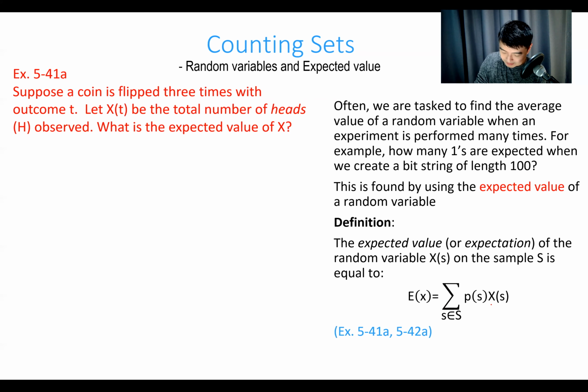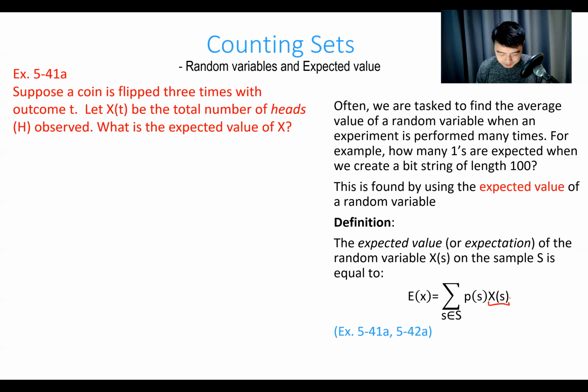Now remember, this is our random variable x, and it takes an outcome and assigns a value to it. Whatever the probability of that outcome is, I'm going to multiply it by the value. I'm going to sum them all up, and ultimately that is going to be the expected value of the random variable. Let me show you an example.